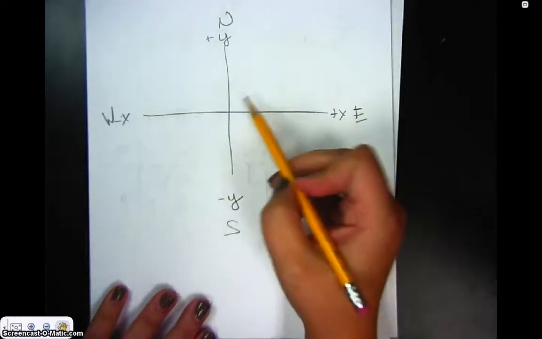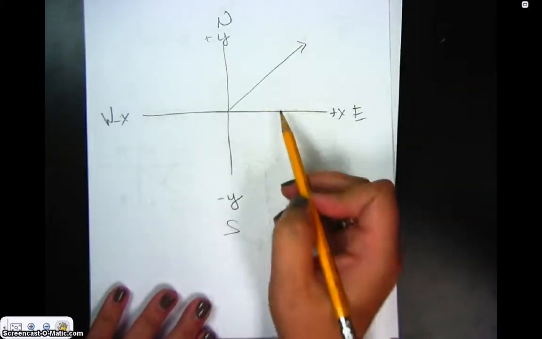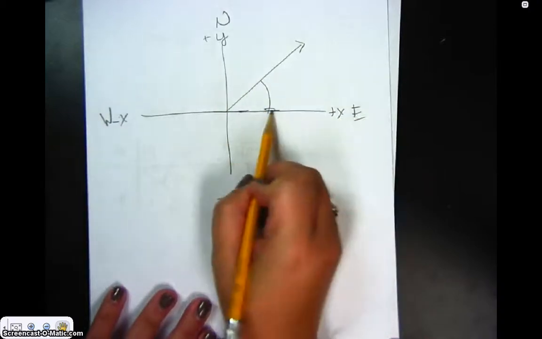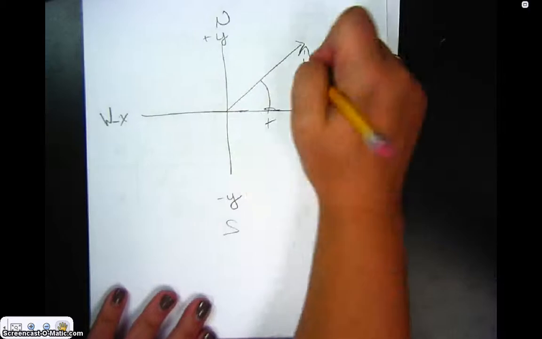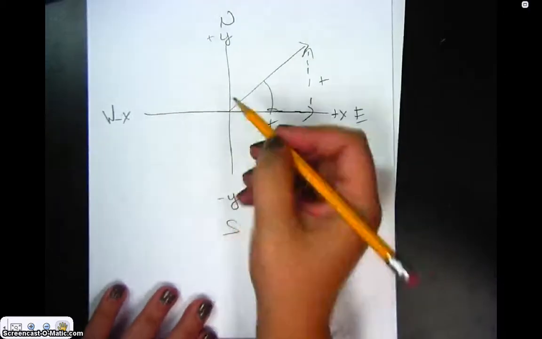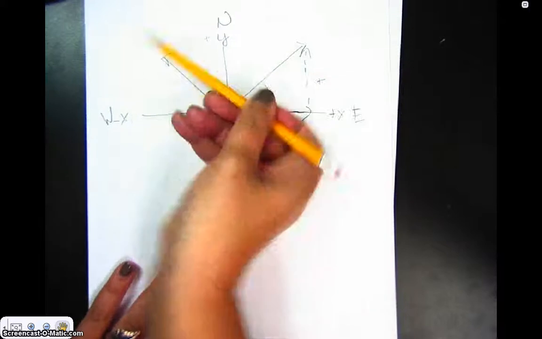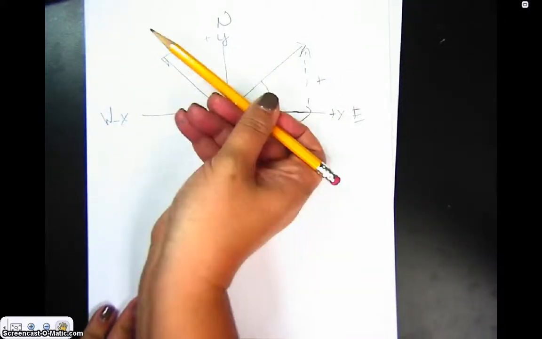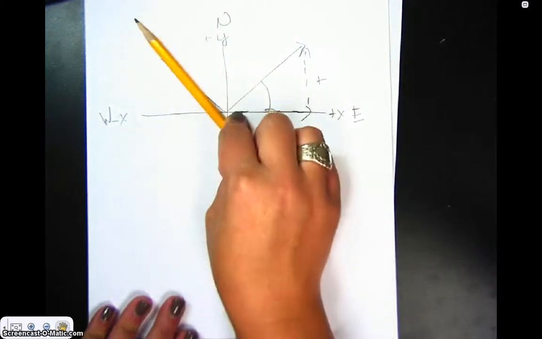So over here I could have an angle that is going north of east, or above the positive x-axis, and that would be this angle, and my x and y components would both be positive, over to the right and up. Whereas if I'm over here in this quadrant, I could say that it is above the west axis, or above the negative x-axis, or north of west, or I could describe it as west of north if I were looking at that angle.